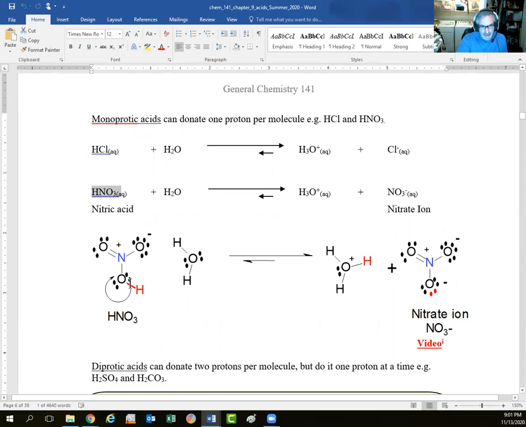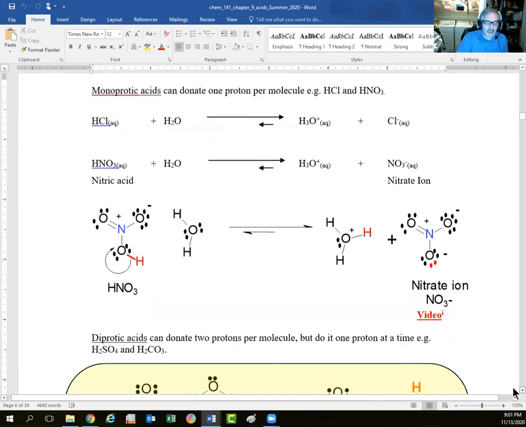And you can see again that oxygen to hydrogen bond, that vulnerable polarized bond. The more the bond is polarized, the weaker the bond becomes, the easier it is for it to donate a proton. So oxygen to hydrogen bonds are quite often the culprit in the acidity of molecules.